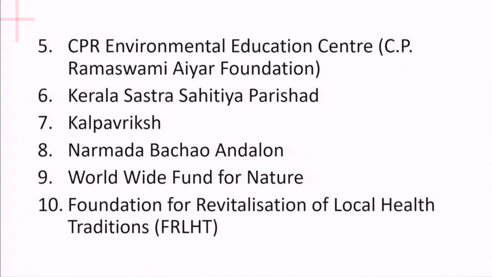The sixth is the Kerala Sastra Sahitya Parishad, seventh Kalpavriksh, eighth is the Narmada Bachao Andolan, ninth World Wide Fund for Nature India, and the 10th is the Foundation for Revitalisation of Local Health Traditions, abbreviated as FRLHT. All these are the Indian NGOs which are working for environmental protection.